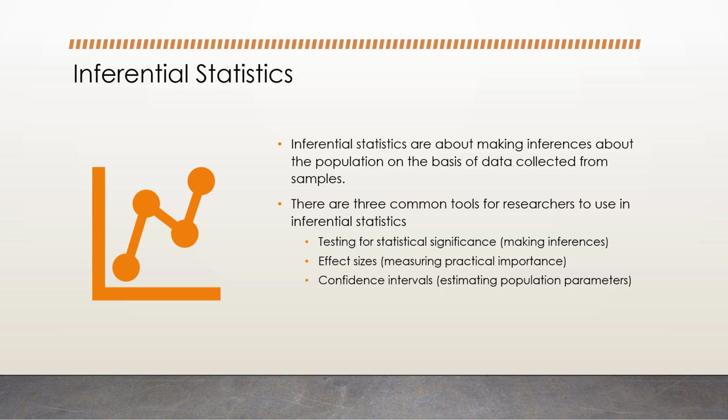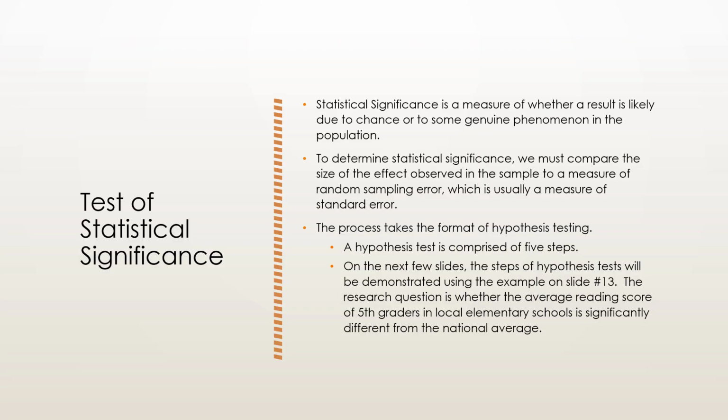This example leads us to the discussion of tests of statistical significance. Statistical significance is a measure of whether a result is likely due to chance or to a real phenomenon in the population. The process of testing for statistical significance takes the format of hypothesis testing, which follows 5 steps.